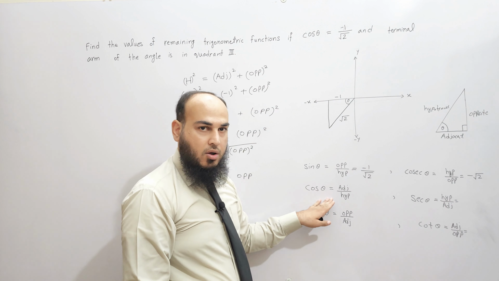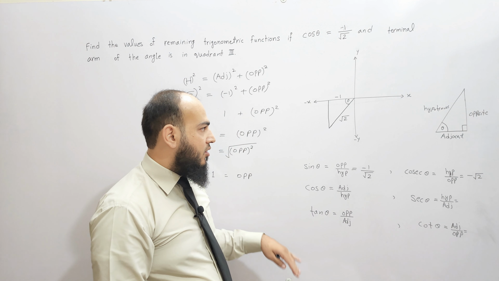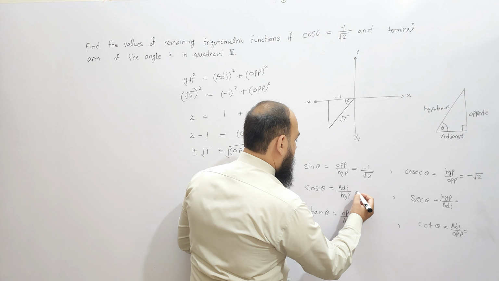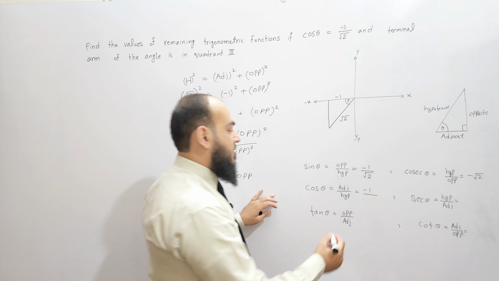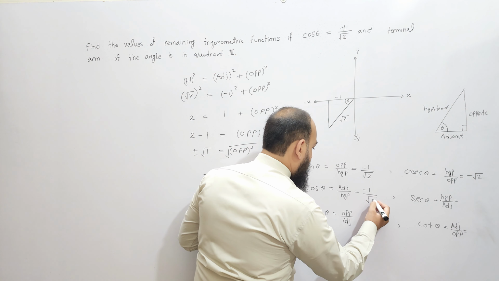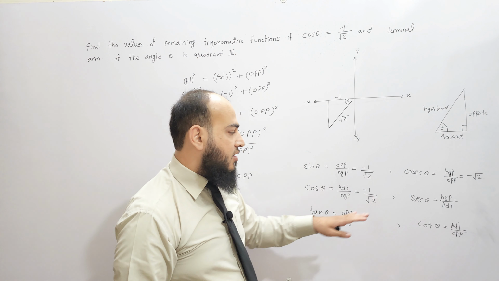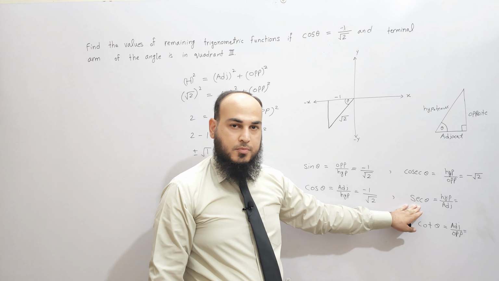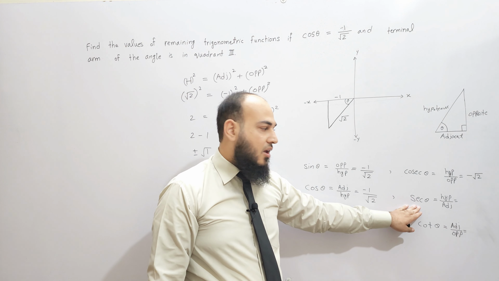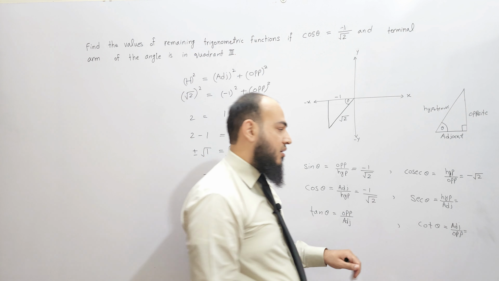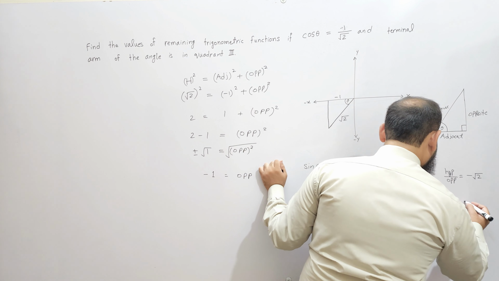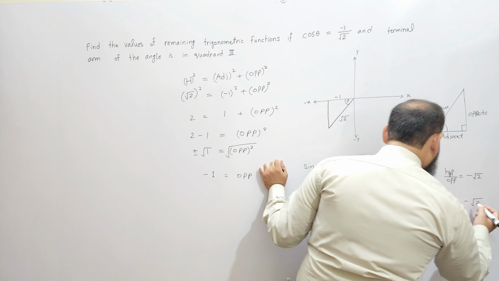And here cos theta is adjacent over hypotenuse. Adjacent side is minus 1, and hypotenuse is square root of 2. And similarly, secant is the reciprocal of cos theta, and the reciprocal of minus 1 over square root of 2 is minus square root of 2.